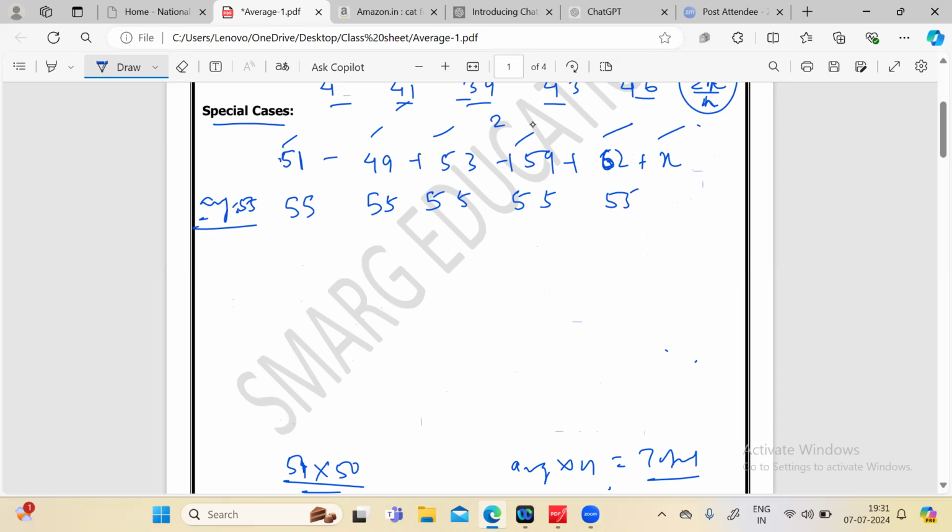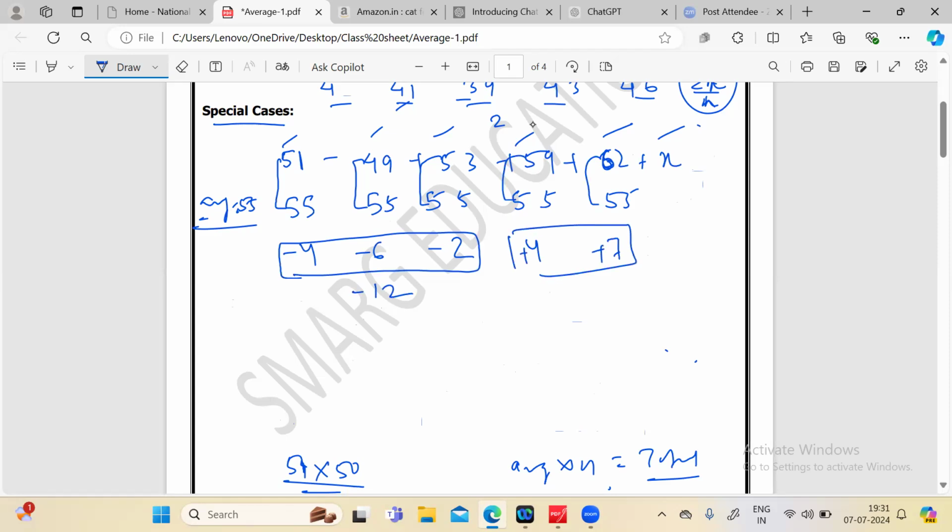So 51 needs 4. 49 needs 6. 53 needs 2. 59 will give 4. 62 will give 7. So the total amount that is missing is minus 12.